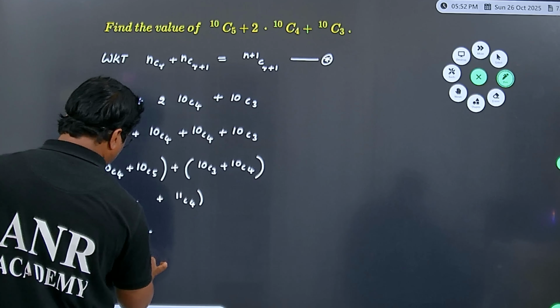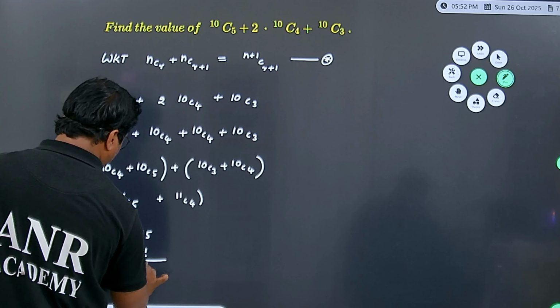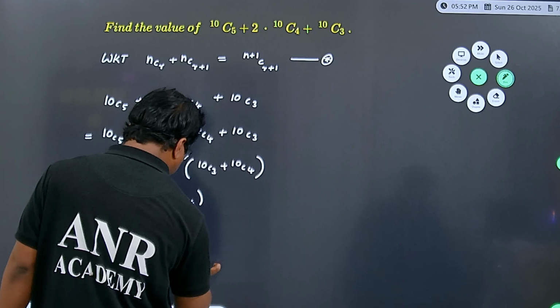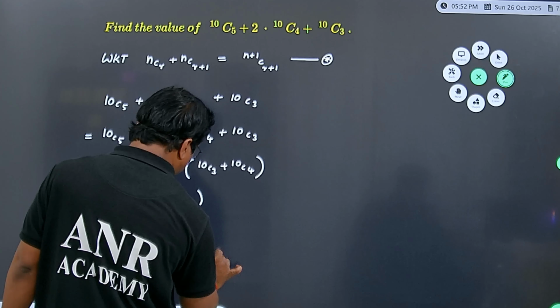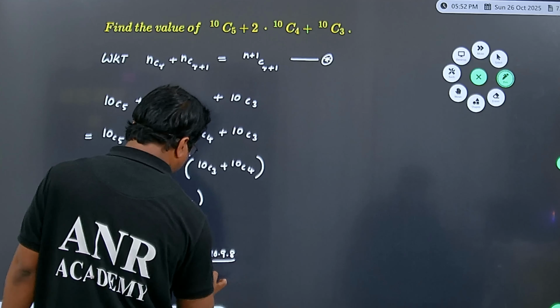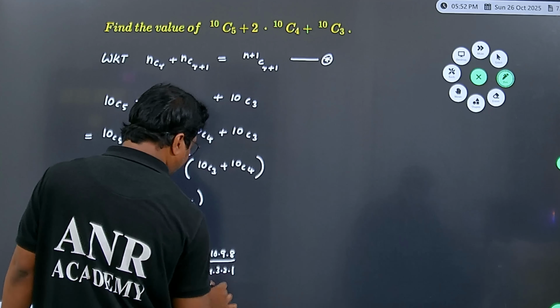12C5 value becomes 12 factorial divided by 7 factorial into 5 factorial. On simplification it is 12, 11, 10, 9, 8, 7 factorial cancels, and 5 factorial is 5, 4, 3, 2, 1.